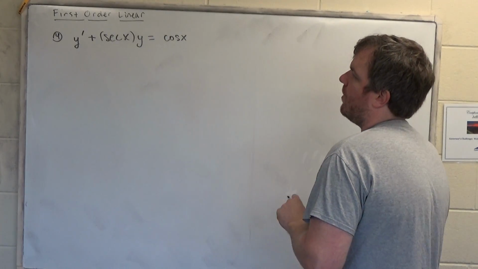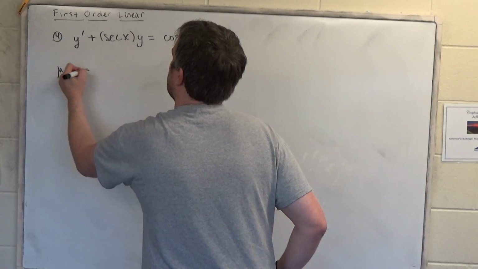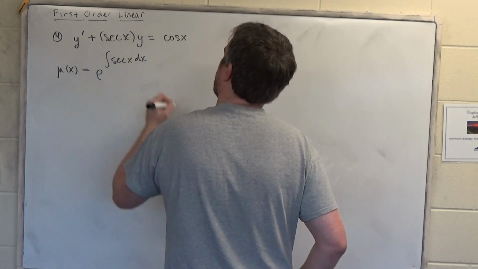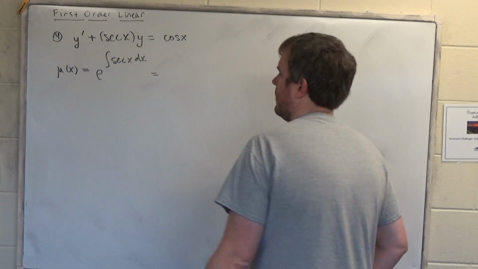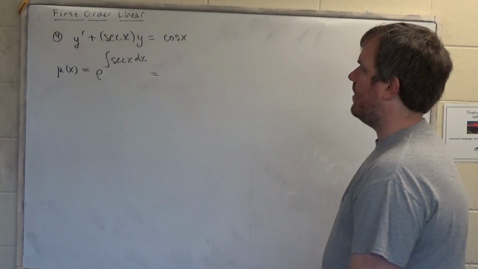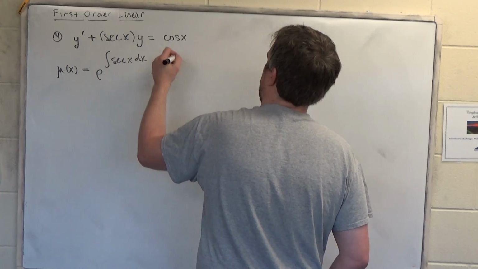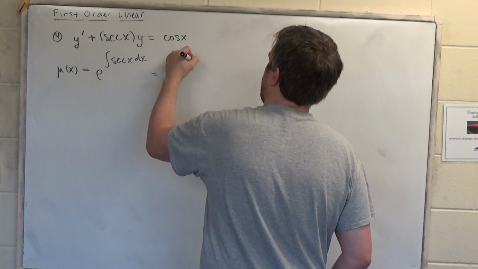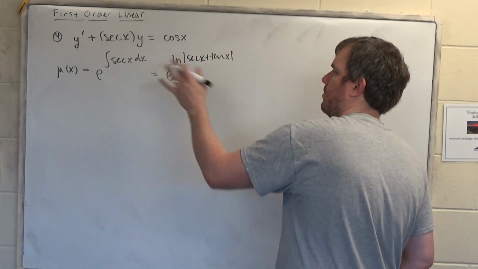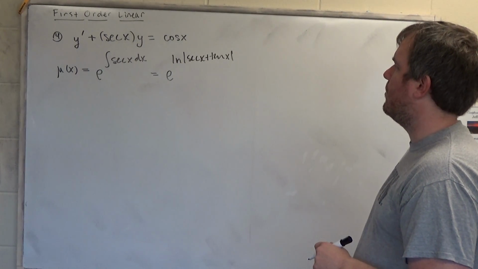This one happens to already be in standard form, so we can jump right to finding the integrating factor mu, which is e to the integral of secant x dx. And once again here, we have e to the log of secant x plus tangent x. Again, we could put plus c, but we're going to pretend that ultimately the constant out front of the exponential is 1.